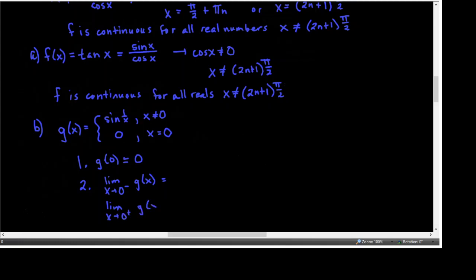Okay, as long as x is approaching 0, notice I didn't say where x is 0, but as it's approaching 0, the correct expression for g of x in both cases is the sine of 1 over x.